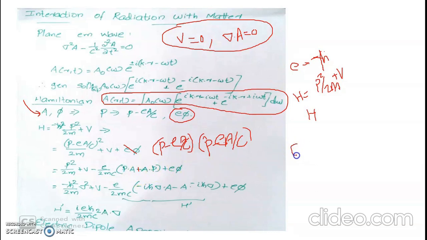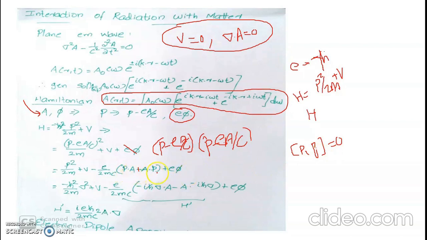This is again shown by Heisenberg's commutation relations. Commutator Pi Pj is equal to 0. Commutator Qi Qj is equal to 0. Whereas commutator Qi Pj is i h cross Kronecker delta ij. So components of momentum are commuting among themselves.